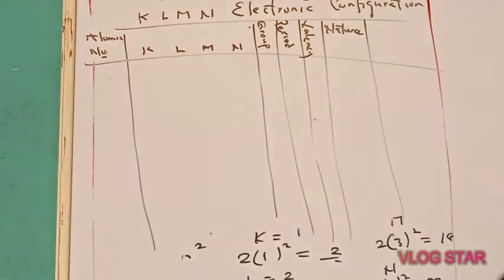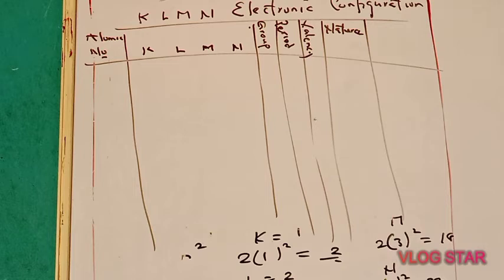When there are few electrons in a shell, the atom is a metal.